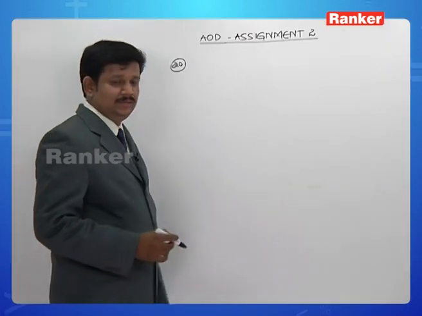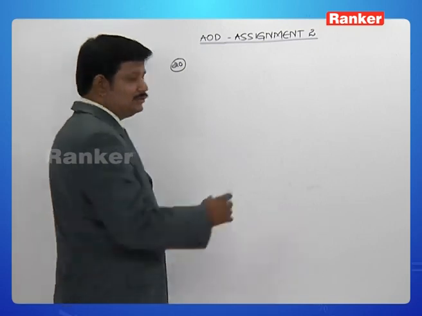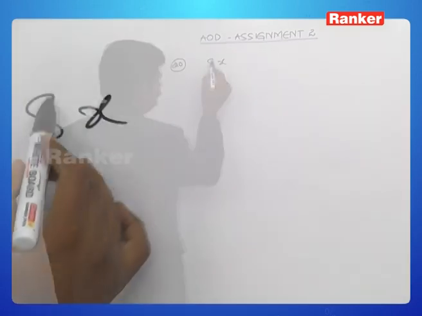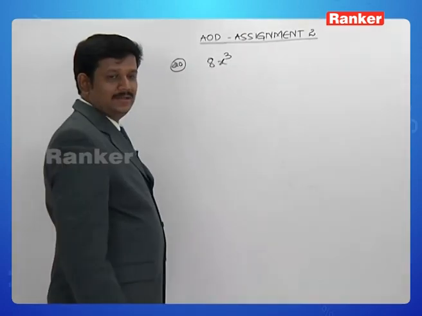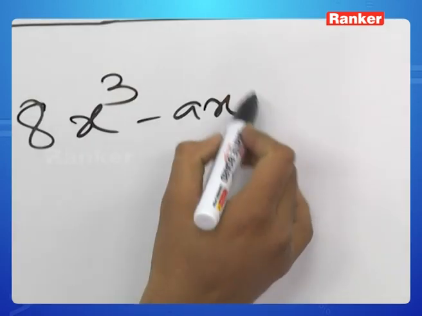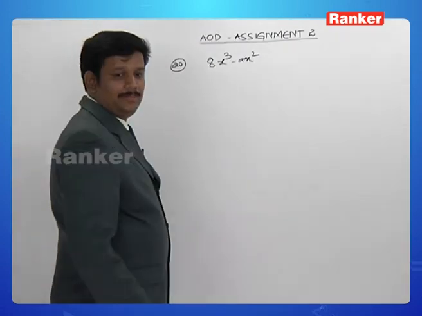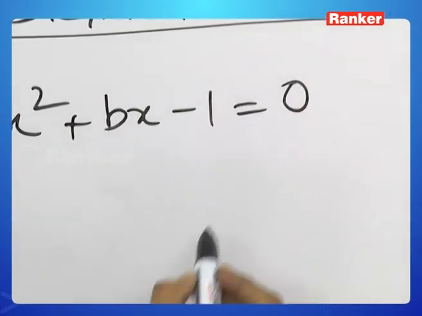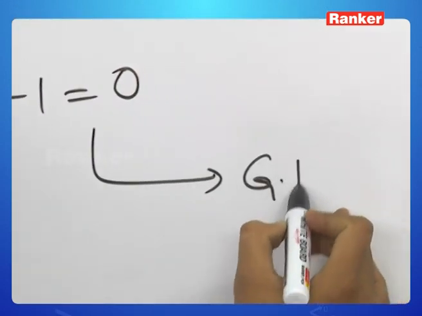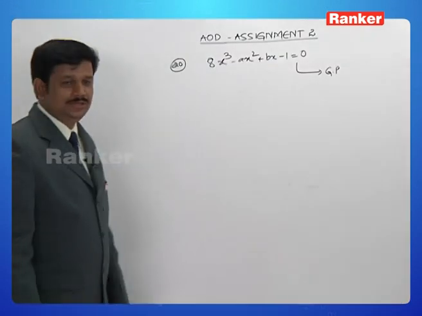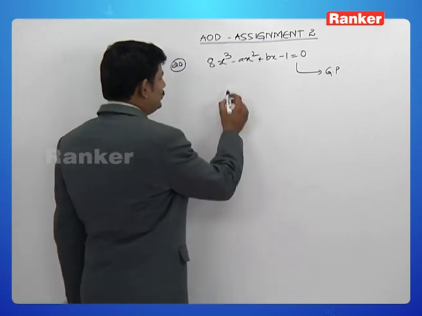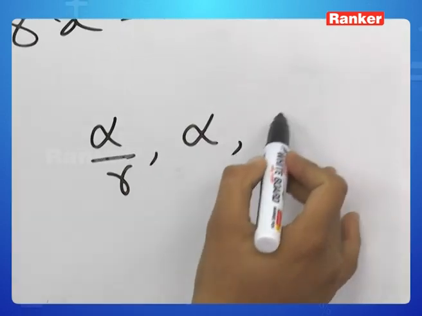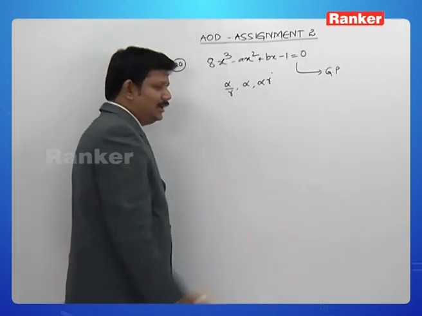It is given that the 3 real roots of the equation 8x cube minus ax square plus bx minus 1 equal to 0 are in GP. Roots of this equation are in GP. So we can assume the roots to be alpha by r, alpha and alpha r.